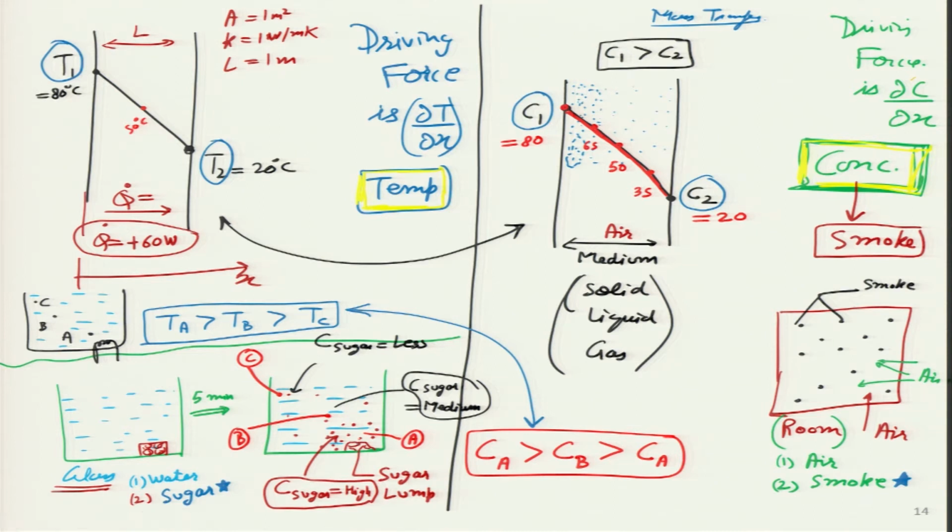So, if a change in temperature leads to flow of heat, then by analogy, a change in concentration will lead to flow of mass. And what is flowing over here? The example I was giving was smoke inside the room.